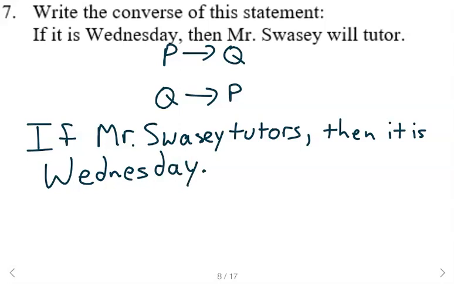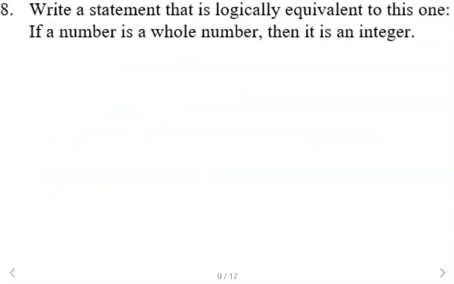Not told to do the truth value or anything, just write in the converse. So this is our conditional, and then this is our converse. Converse reverses both. Changes the hypothesis and the conclusion, reverses those.